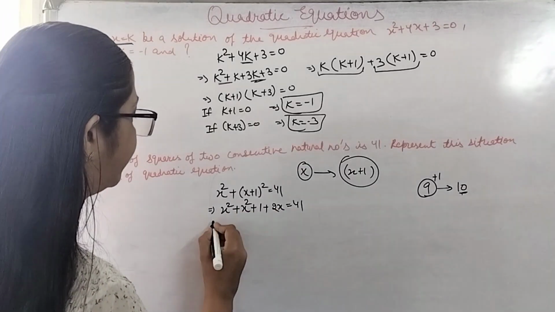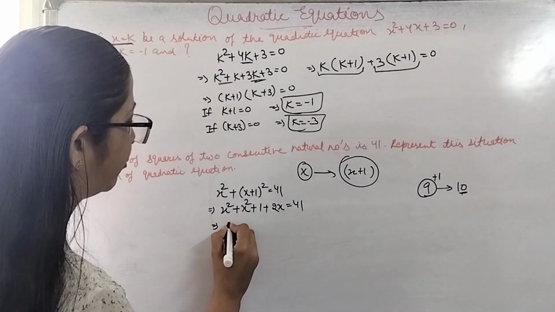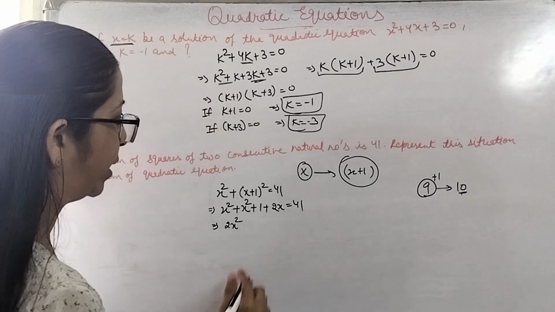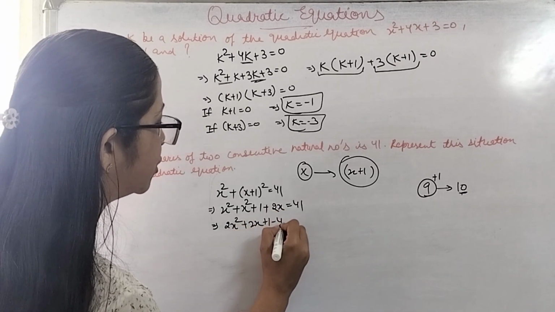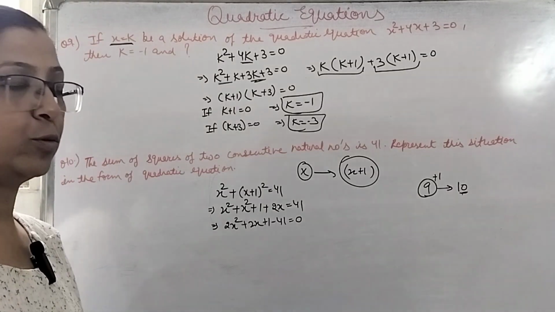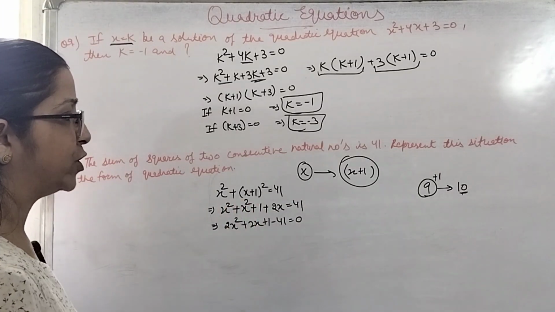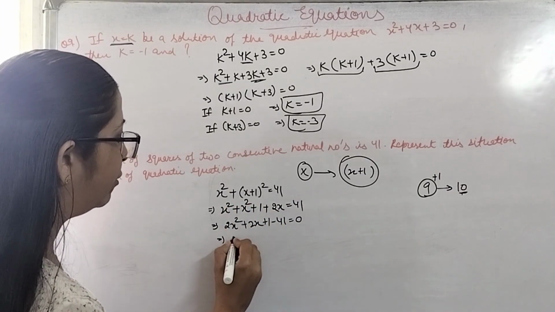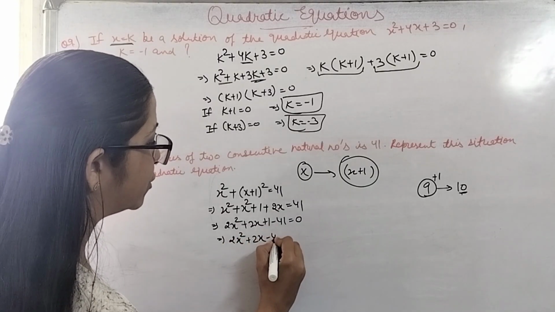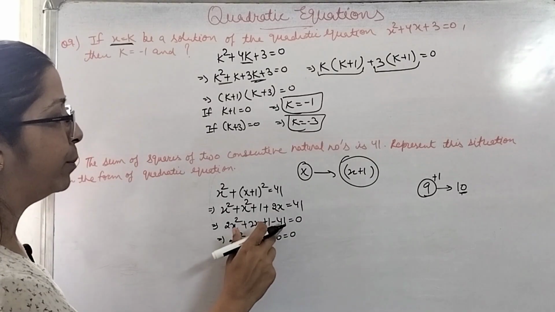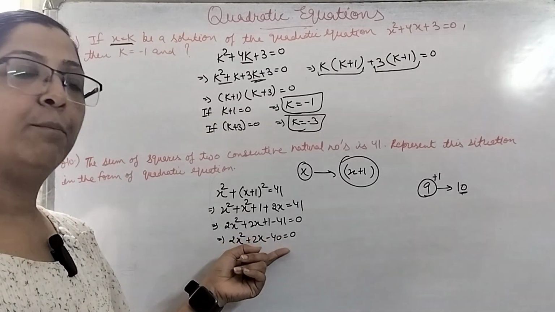Now we will be solving it further. So x square plus x square will become 2 times x square plus 2 times x plus 1 minus 41 equivalent to 0. This 41 we have taken to the LHS and changed the sign. Further, if we solve it, it will be 2x square plus 2x minus 40, equivalent to 0. Plus 1 minus 41 has become your minus 40.